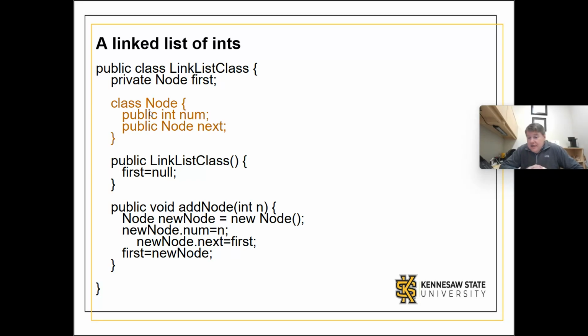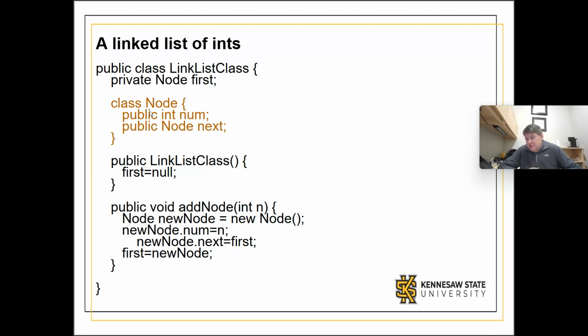The color or the font, the text that's in gold there, is only available inside of the linked list class. It's a class that only exists inside another class. In actuality, what I'm usually doing when I do something like that is I'm declaring a static class that's actually only in existence inside of its parent.